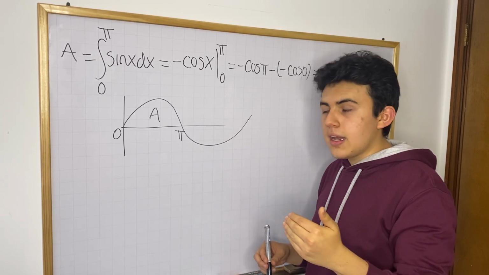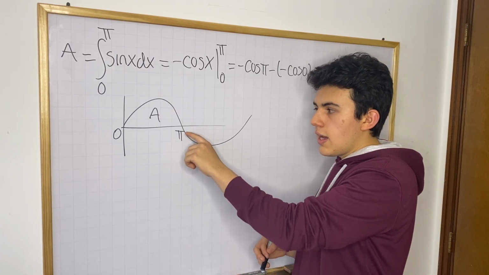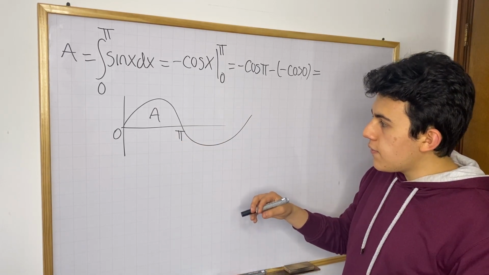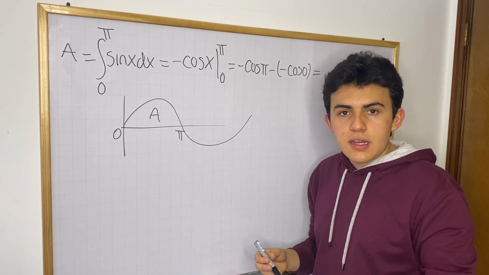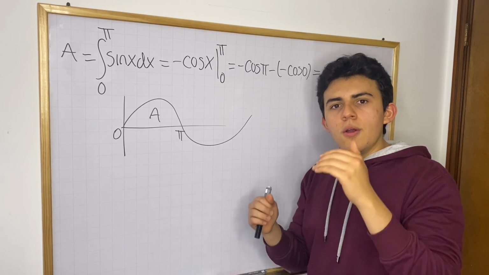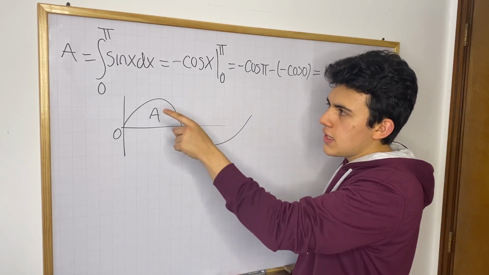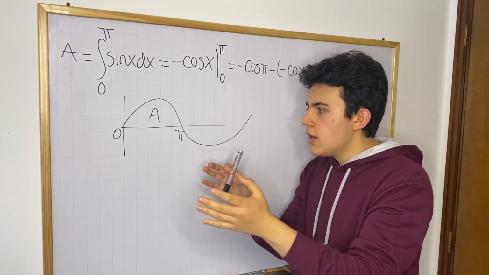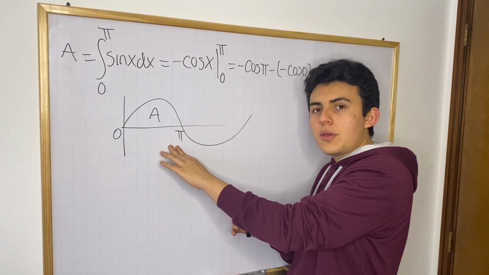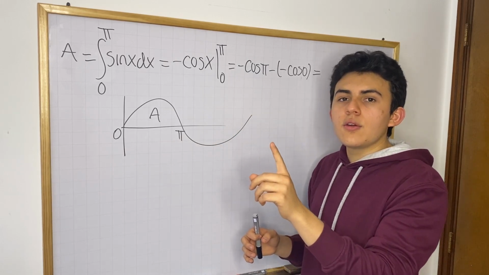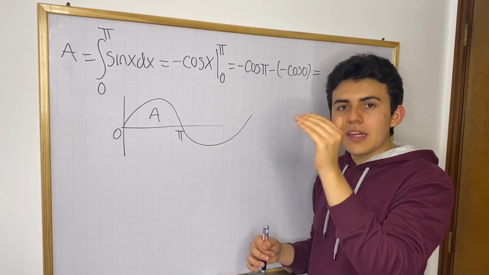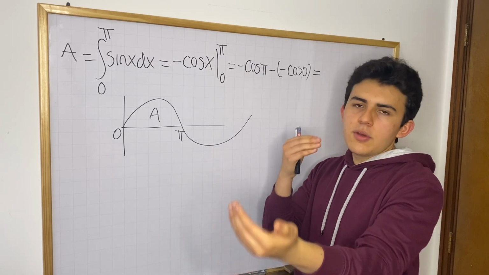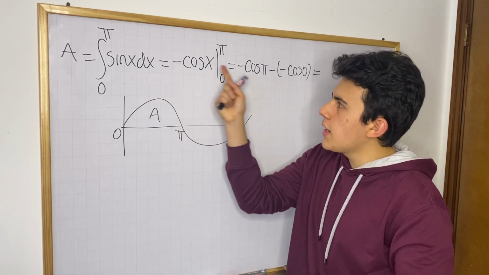At pi over 2, it has a 0. And once again at pi, it has an extreme, which is negative 1. So if the roots of sine can be found at a particular set of numbers, which in this case are the multiples of pi, then you can find the maximums and minimums of cosine at those same numbers. Everything is pretty much inverse with sine and cosine.